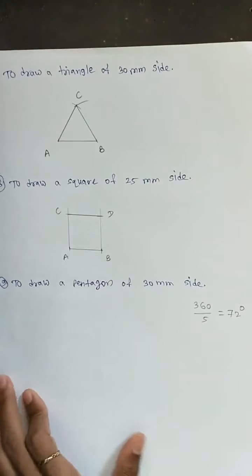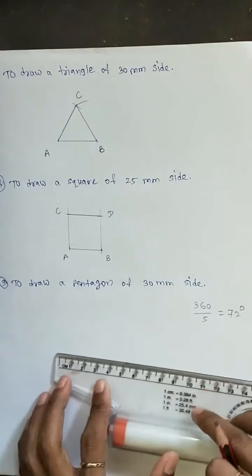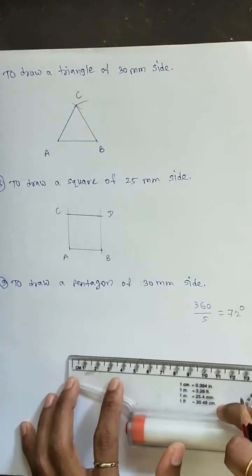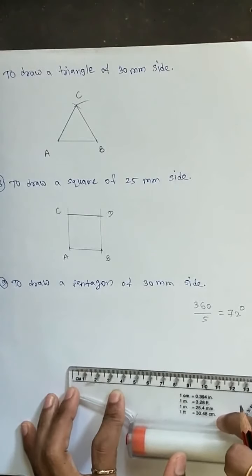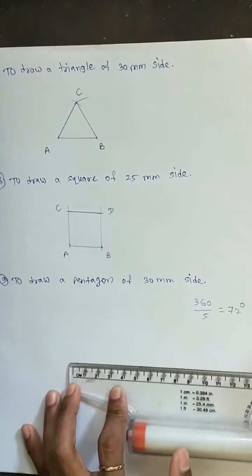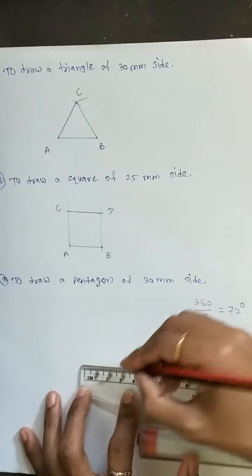So first draw 30 mm side. So I will draw 30 mm side.